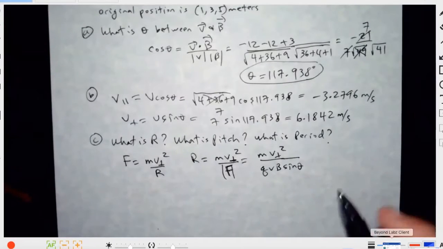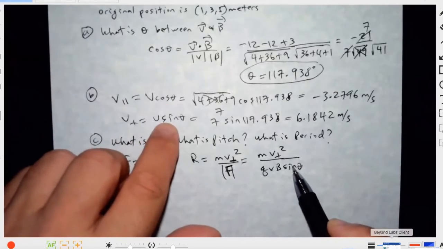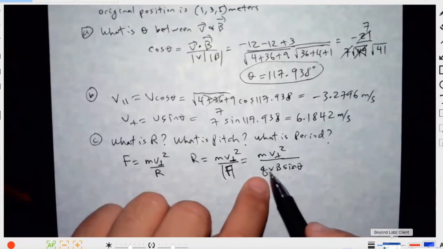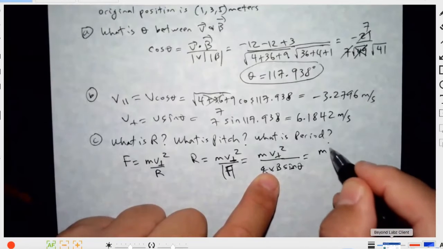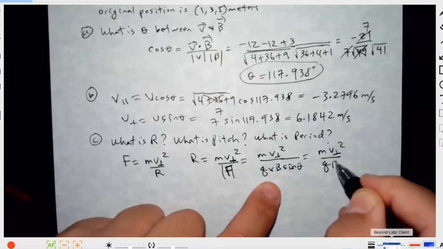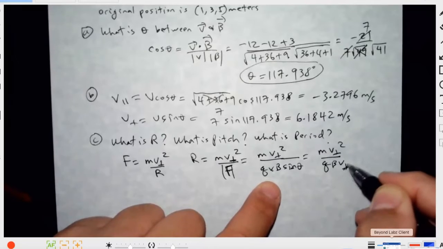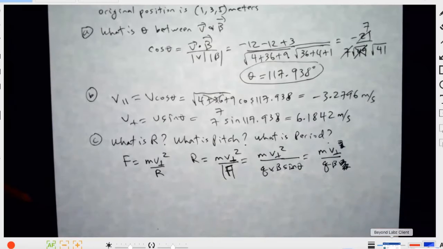Okay, so then we're going to say, well, v sine theta is v perpendicular. So we have here mv perpendicular squared over q v perpendicular B. So then this cancels, and I just need to put v perpendicular at the top.